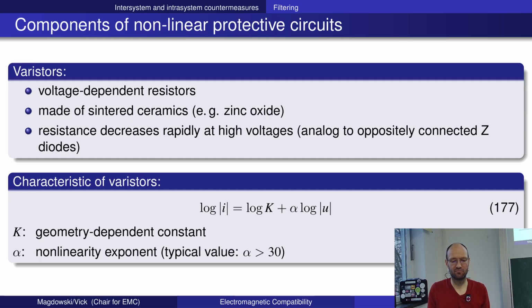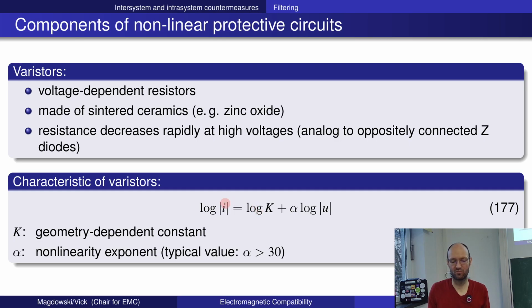And the last protective element that we can take a look at is a varistor. The varistor has a certain characteristic that, a little bit like a diode, is also some exponential function.